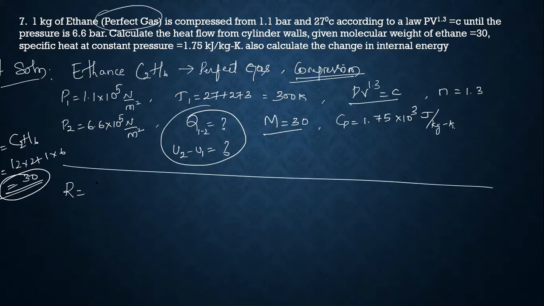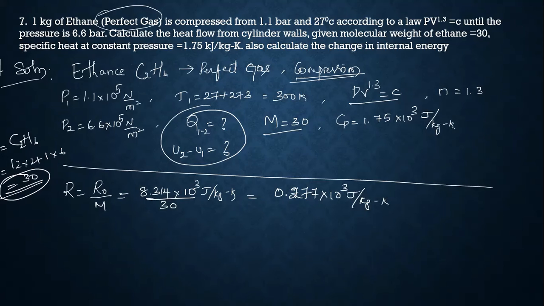To calculate R, that is R0 divided by M. R0 is the universal gas constant, 8.314 into 10 to the power of 3 joules per kg Kelvin, divided by 30. Therefore, R is equal to 0.277 into 10 to the power of 3 joules per kg Kelvin. This is the R value for ethane. That's why they gave the molecular weight.